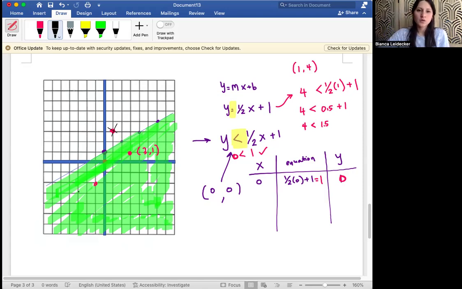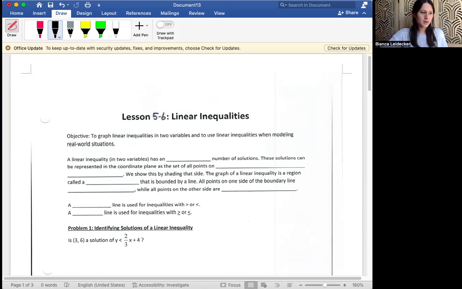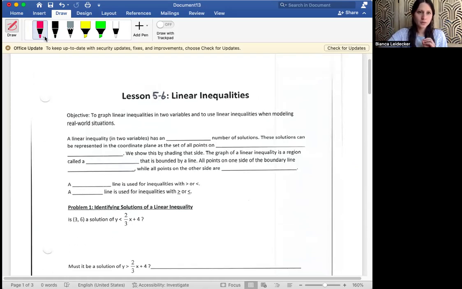So you have so many ordered pairs that you could substitute into this inequality and it would come out to be a true statement. This is just the big picture view. Let's go back up and talk through what this is explaining. We've got some instructions here that explain how we graph our inequalities on a line.